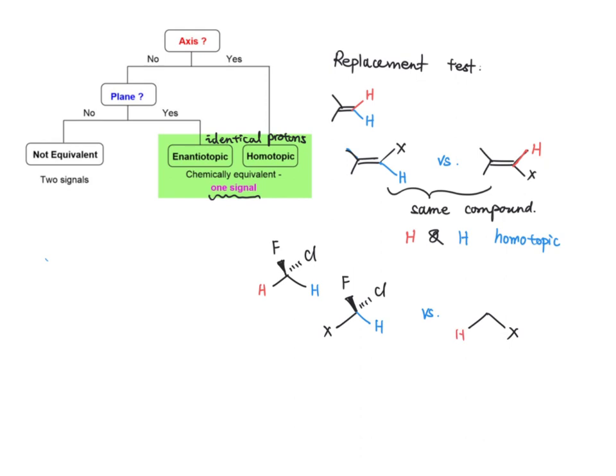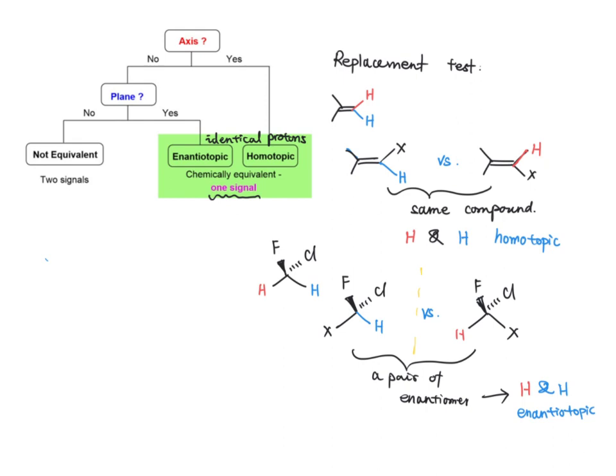If you put a mirror here, these two molecules that you get by replacement give you a pair of enantiomers. That means the blue and the red hydrogen are enantiotopic protons.